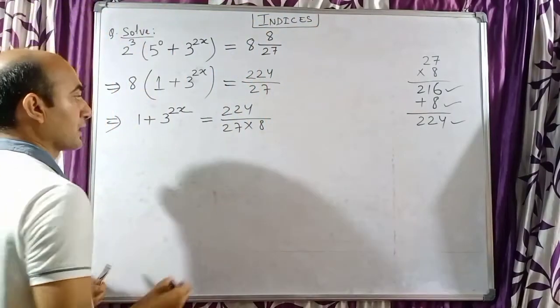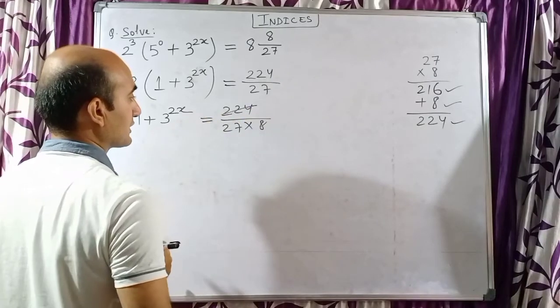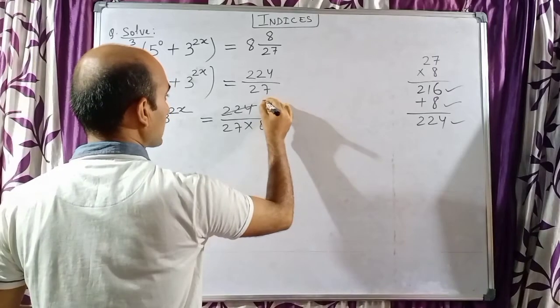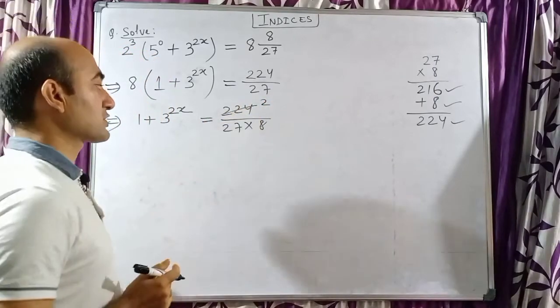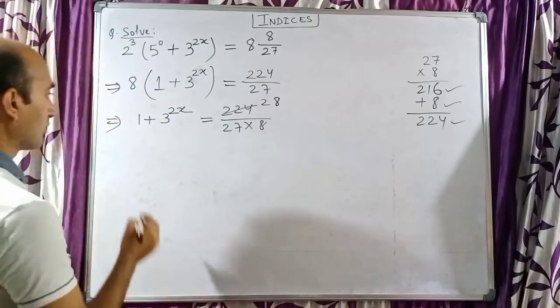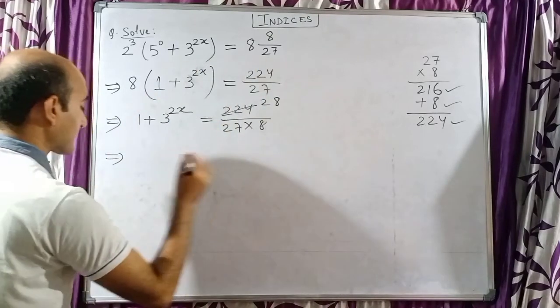So now you can further cancel these two numbers. So here 8 to the 16, and then 8 8s are 64. So now slowly this 1 also will shift that side.